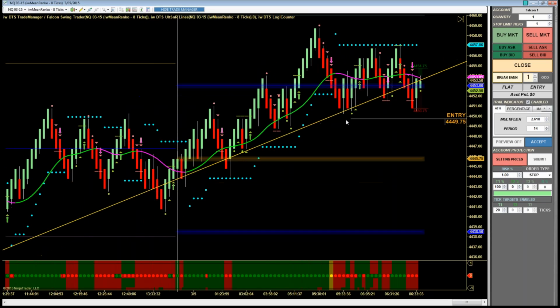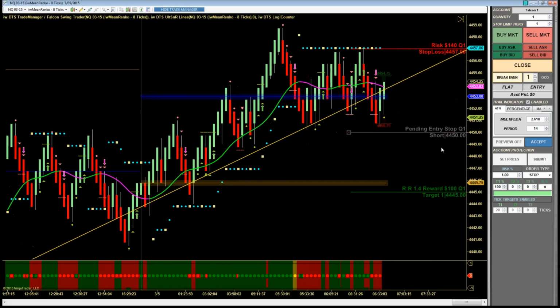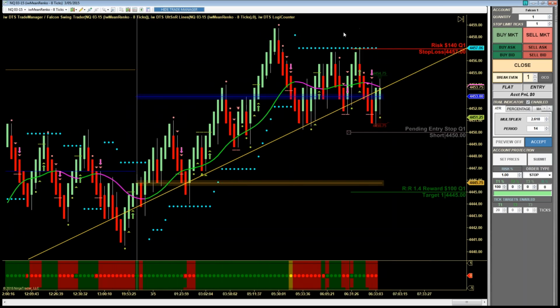I'm dialing down my risk amount, and I'm going to take advantage of these lows right here and cover above the highs. Oops, wrong button. Okay, so we've got an early trend change signal going on here in our Falcon trader.